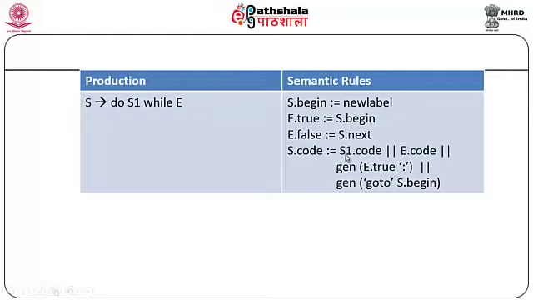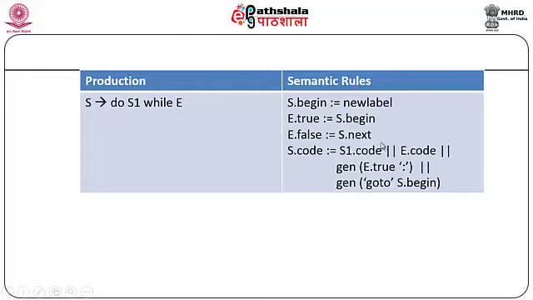So I generate code corresponding to S1, then the code corresponding to E, and then a label E.true, which is nothing but going back to S.begin. I skipped the new label for S.begin, but I can do that also. It can be done either way. So generate E.true, and then you generate goto S.begin.